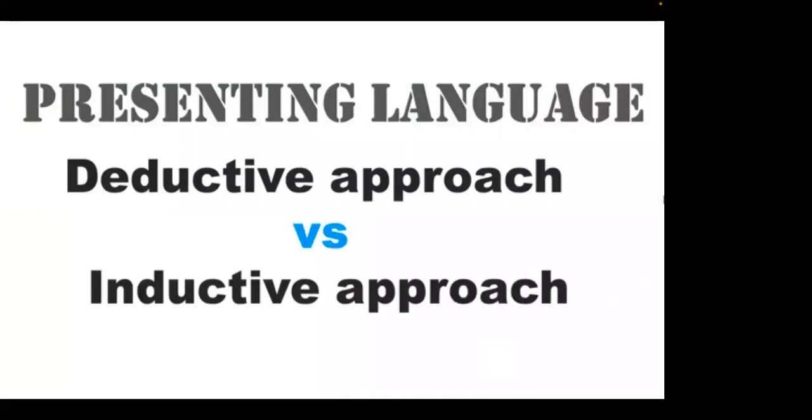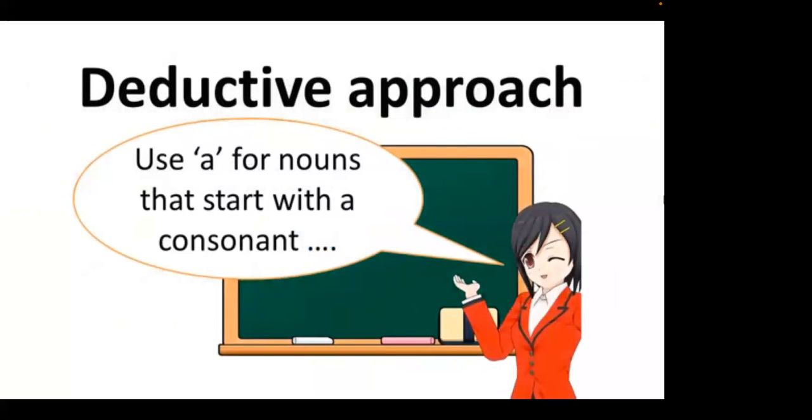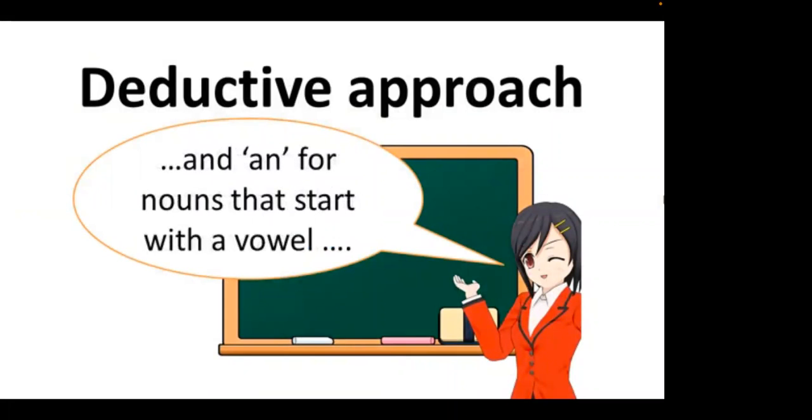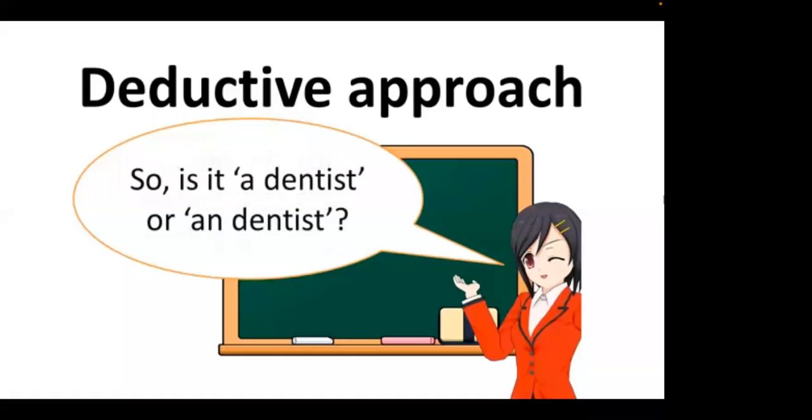So we've got two approaches to presenting new language. We can use a deductive approach, or we can use an inductive approach. So the deductive approach is one like this, where the teacher gives a rule first and then asks the students to give an example from that rule, like this.